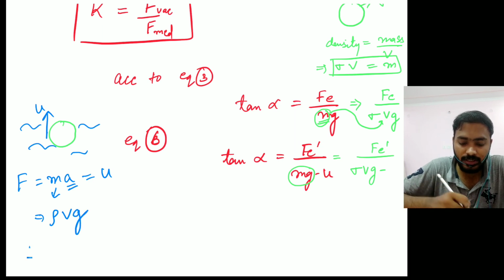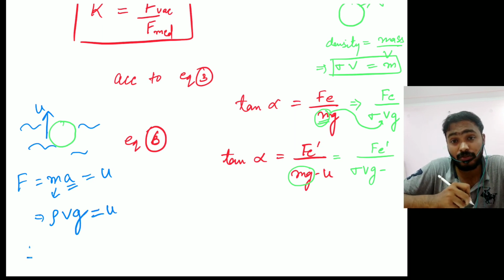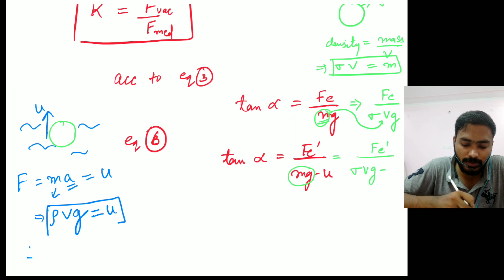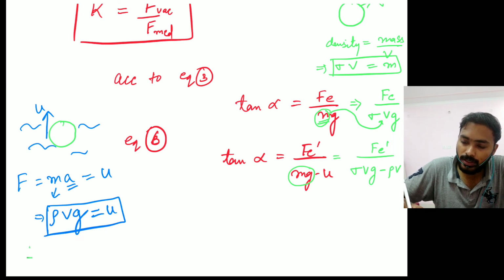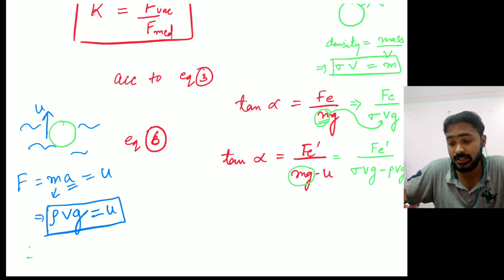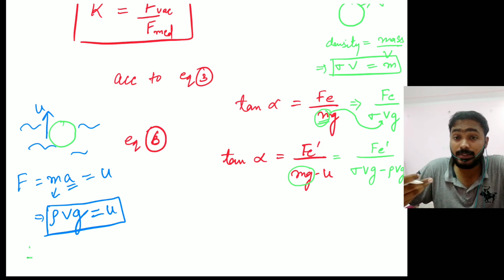Acceleration will be g, because of acceleration due to gravity. So your upthrust can also be written as rho V g. V is actually the volume, g is your acceleration due to gravity, right?